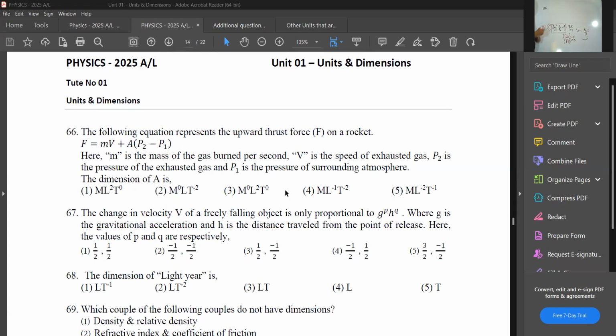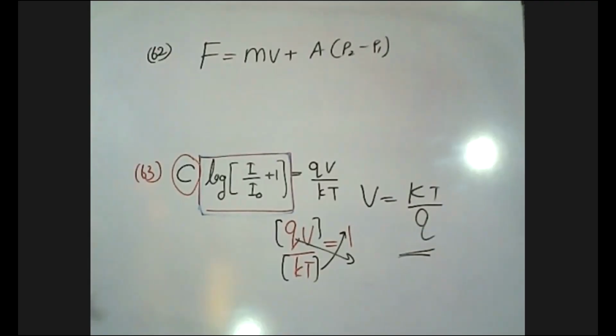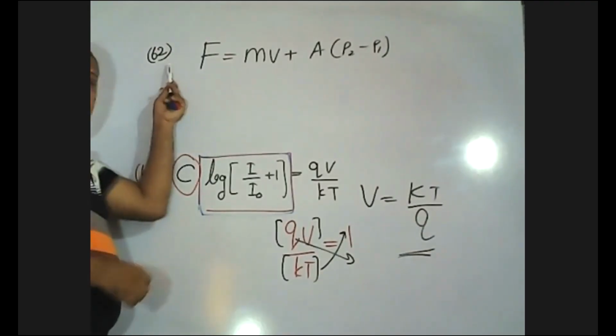So according to the given expression, F is equal to mv plus A times (P2 minus P1). According to the given data, F is a force.